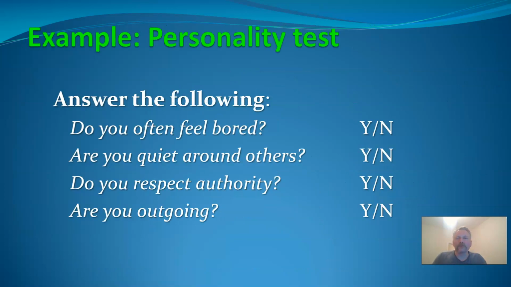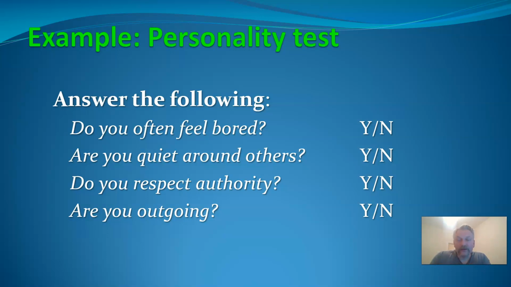So what do we mean by phrasing something negatively or positively, or the alternate way around? If we look at, as an example here, I've got 4 items, just various aspects of personality. So, do you often feel bored? Well, in this way, we're making participants answer on a yes or no response.